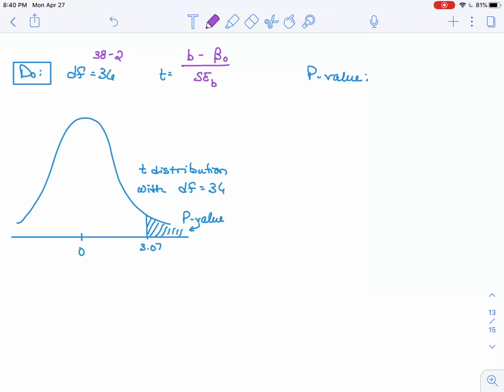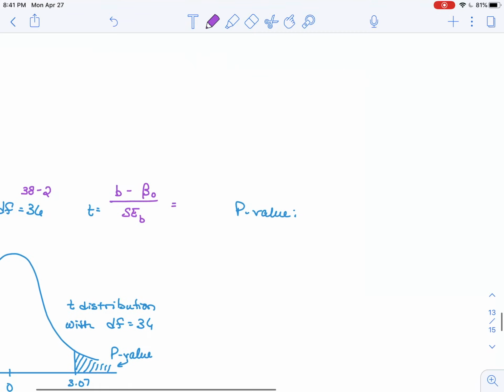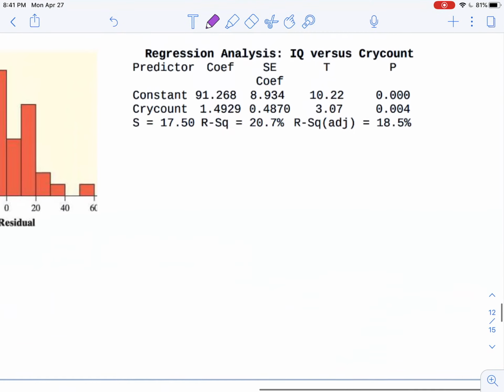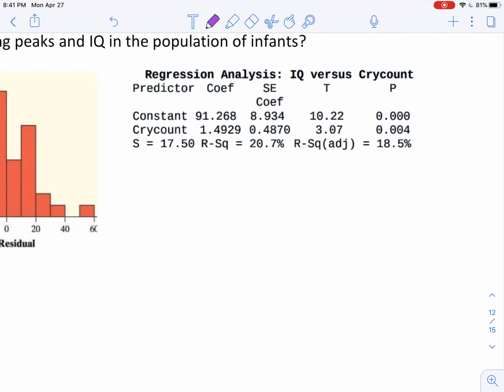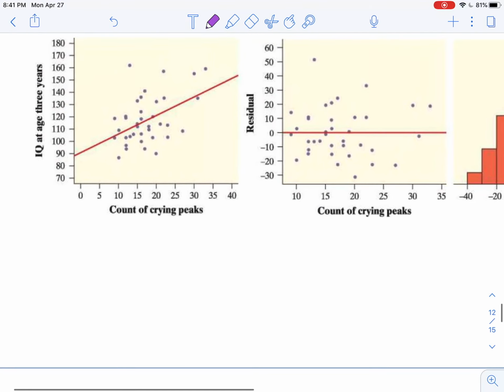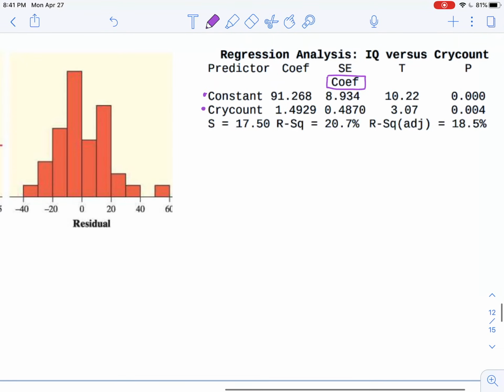and subtracted 2. Our test statistic, we said you need to take your statistic minus the null hypothesis value, divided by the standard error of the statistic. So b is the sample slope. If I go to this output here, remember we want to look in the coefficient column, and one of them is going to be a constant, one of them is going to be one of our variables.